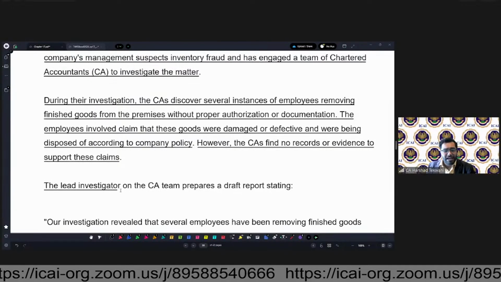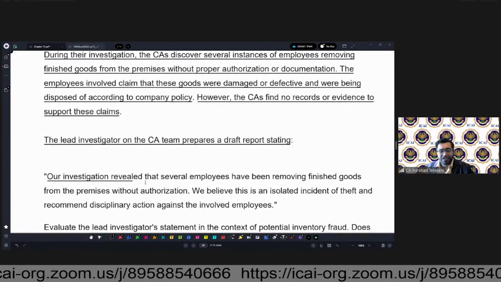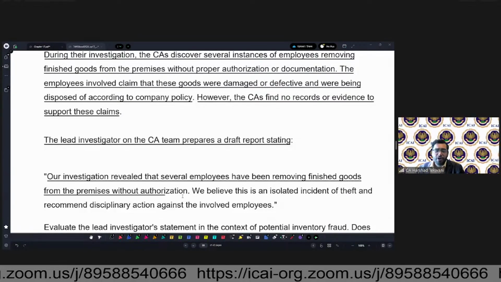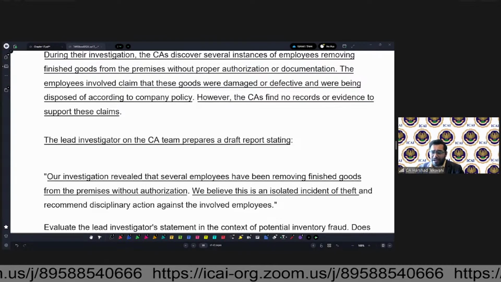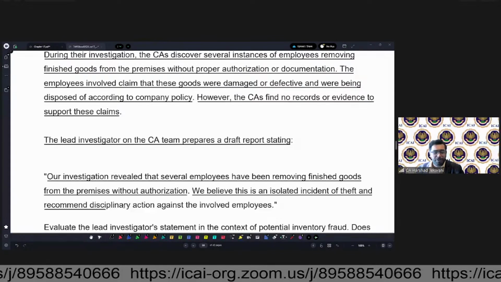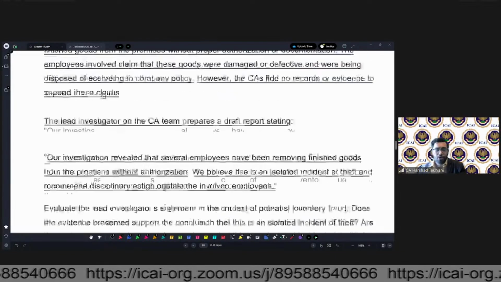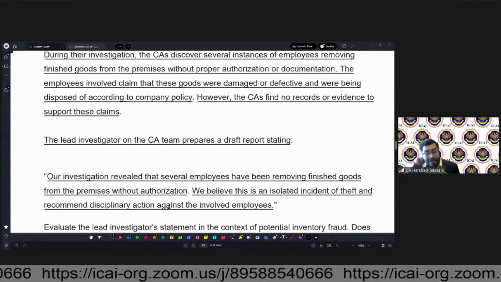The lead investigator on the CA team prepares a draft report stating that our investigation revealed that several employees have been removing finished goods from the premises without authorization. We believe this is an isolated incident of theft and recommend disciplinary action against the involved employees. So they are saying this is an isolated incident and doesn't involve any fraud scheme.